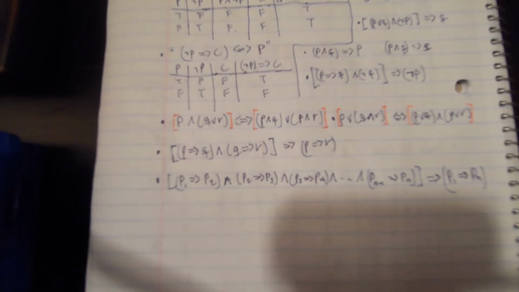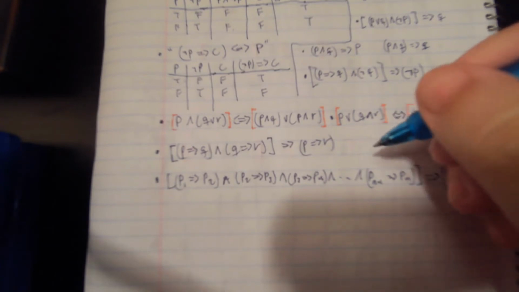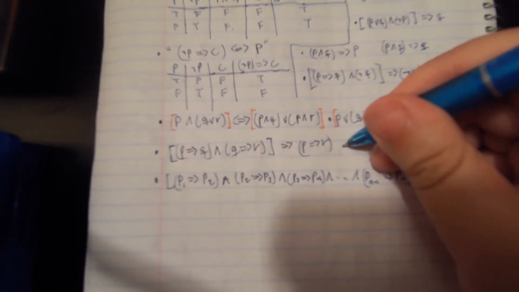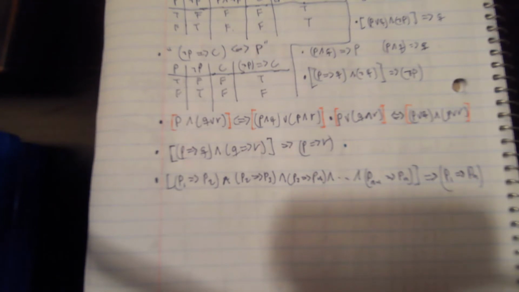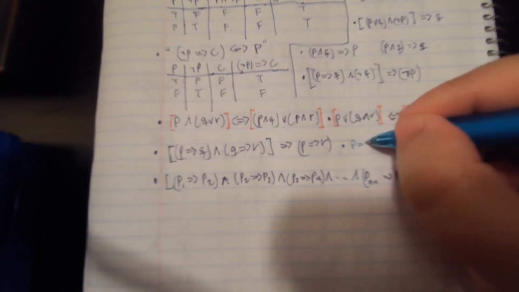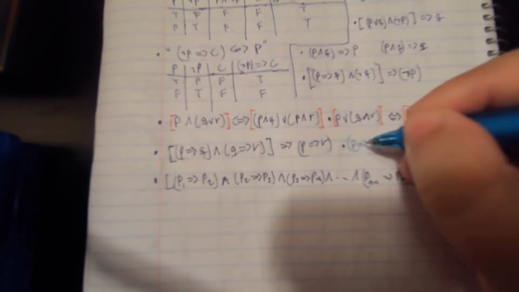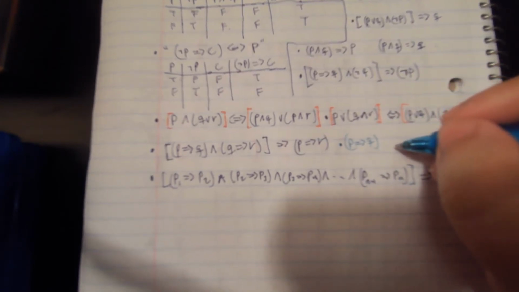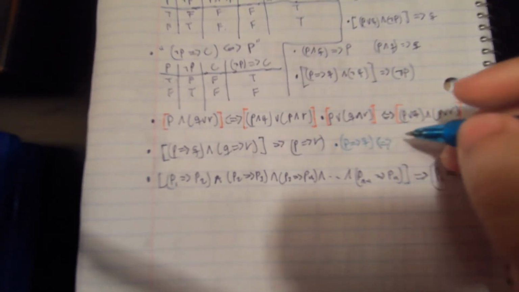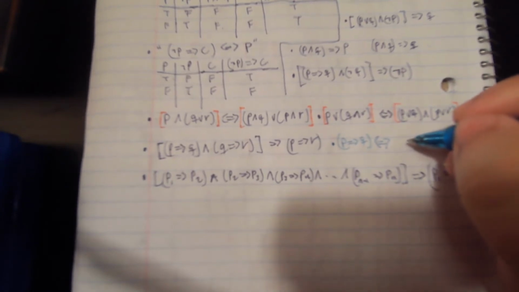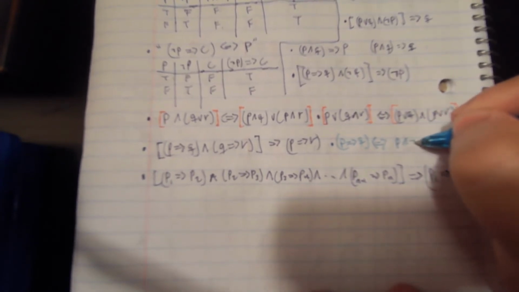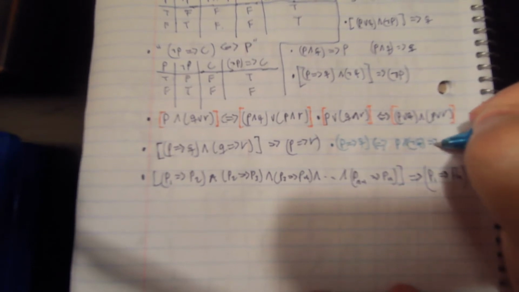All right, I want to drop an extra one. This one's on me, by the way. This one also reinforces proof by contradiction. The statement P implies Q is equivalent to the statement P and not Q implies a contradiction.